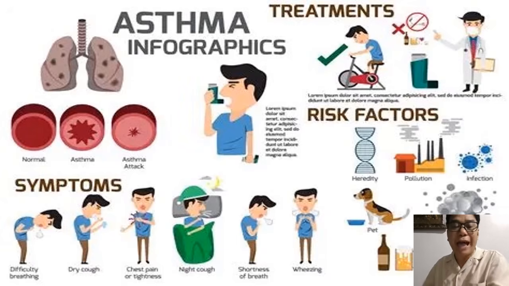Okay, so what happens for patients with asthma? Usually there's an inflammation. This inflammation is a result of the increase in bradykinins, histamine, prostaglandin, serotonins, and even leukotrienes.